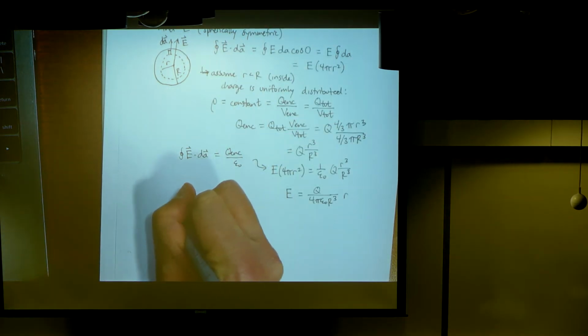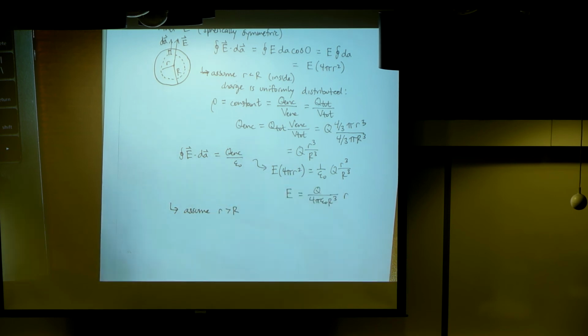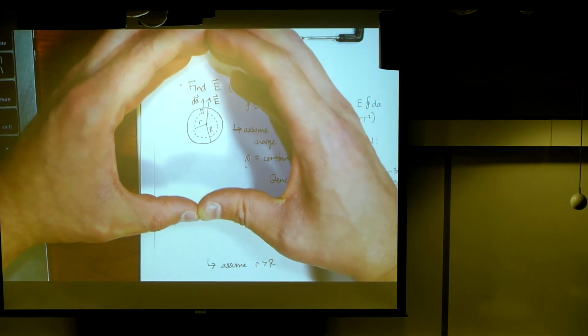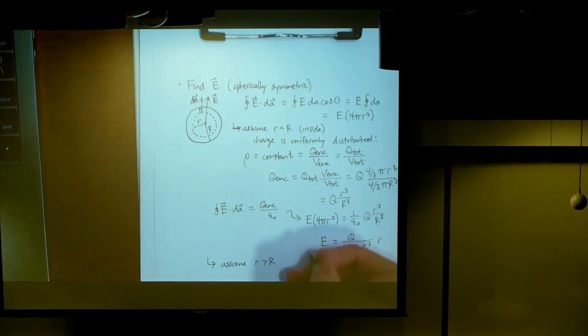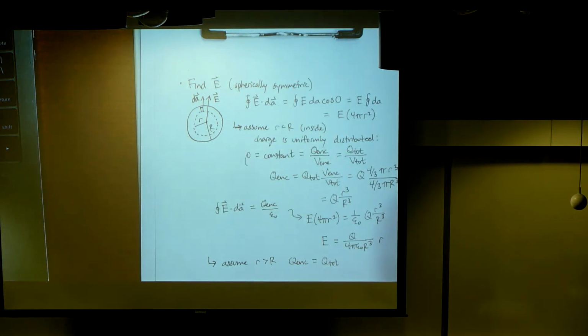We also want to do it on the outside. Now let's assume that little r is bigger than big R. So imagine a surface that's on the outside. Okay? How much charge am I enclosing in that case? It's Q, right? Yeah, I'm enclosing the total charge on the sphere if I'm outside of it. Make sense? So it's just Q. So this is much easier to work out. We have E dot dA equals Q enclosed over epsilon naught applied to this surface where we're outside of the sphere.